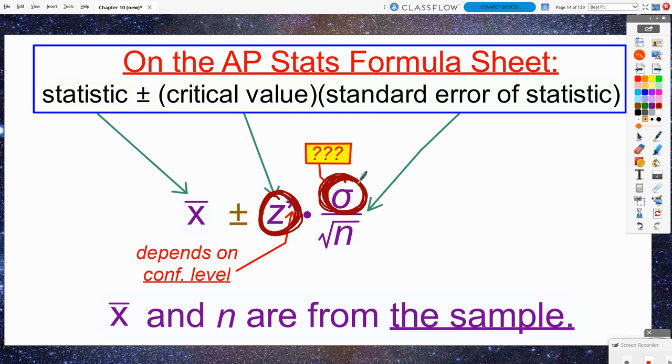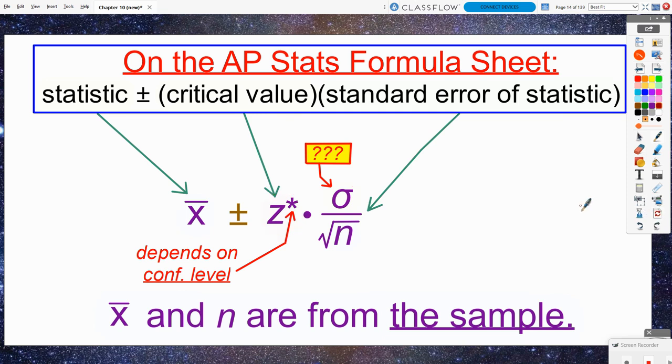But there are times where a problem will say, based on previous studies, we will use an estimated population standard deviation of this number. So if, for whatever reason, you are given the population standard deviation sigma, you're going to use the standard z critical value we used for proportions, and you'll use inverse norm.